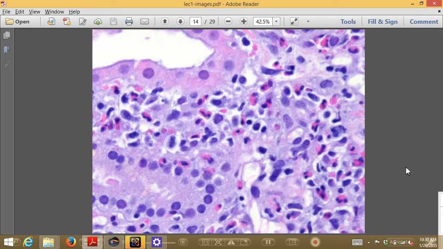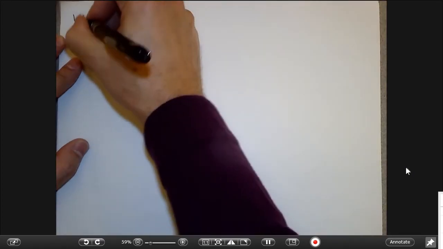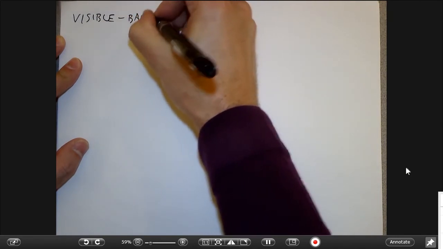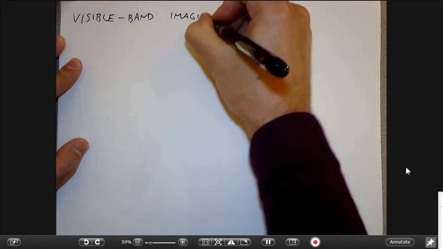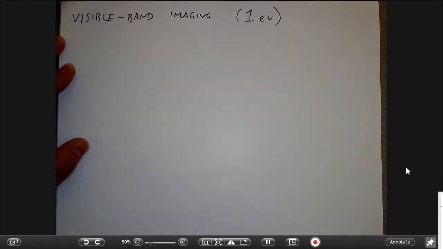And so this leads into what you're probably most familiar with, which is visible imaging, right? For that, I don't really have a lot of examples because you're so awash in visible band imaging. That's what we deal with every day. That's at about 1 electron volt. So what are some examples of visible band images?